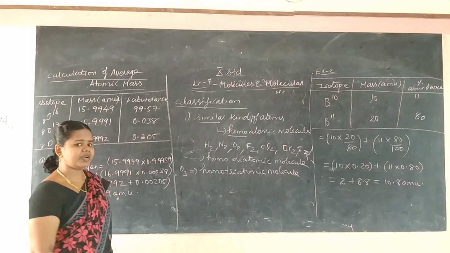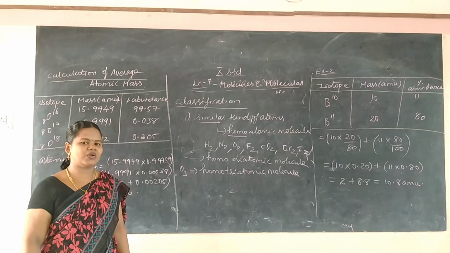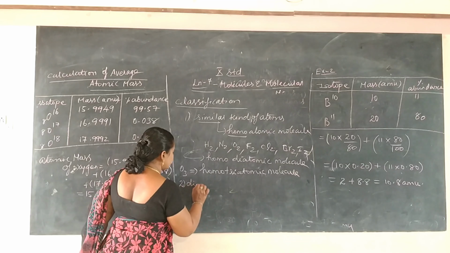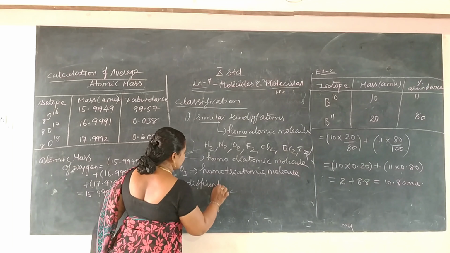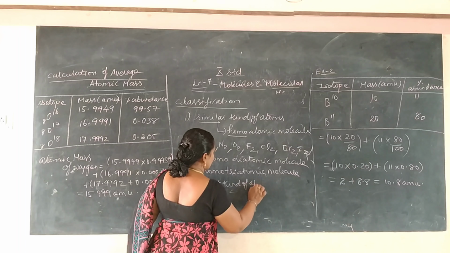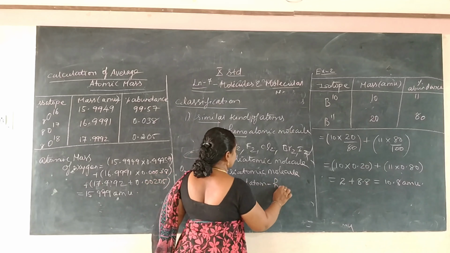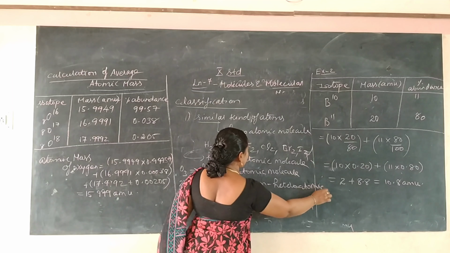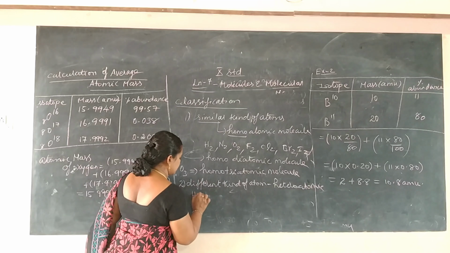Now next, when different kinds of atoms are present: if a molecule contains different kinds of atoms, then it is known as a heteroatomic molecule. For example, HCl.